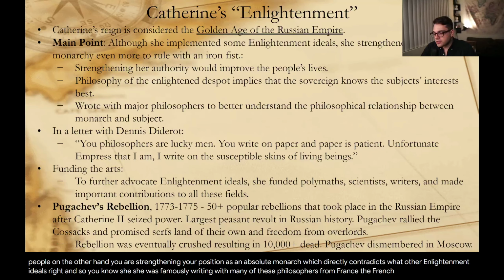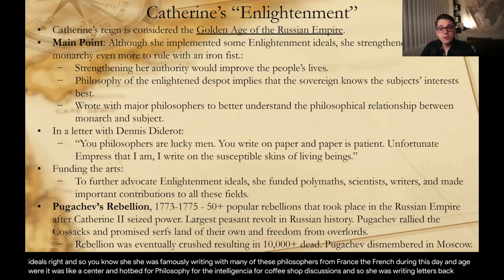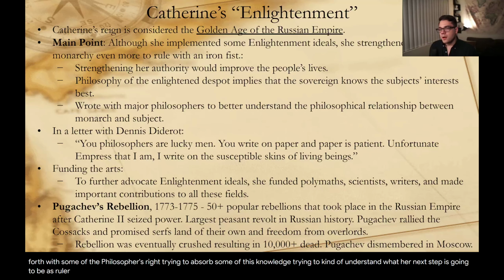The French during this day and age were like a center and hotbed for philosophy, for the intelligentsia, for coffee shop discussions. And so she was writing letters back and forth with some of the philosophers, right? Trying to absorb some of this knowledge, trying to understand what her next step is going to be as ruler.